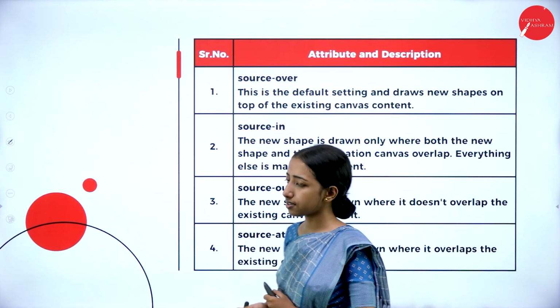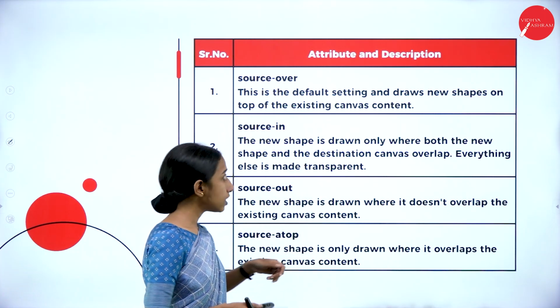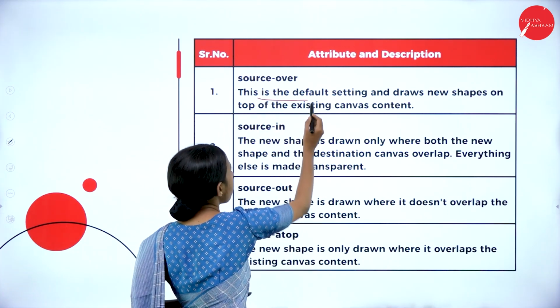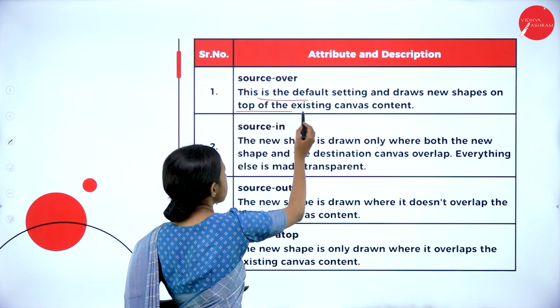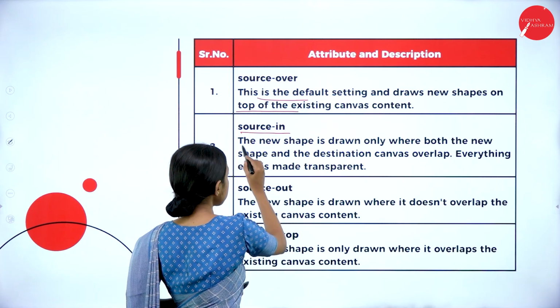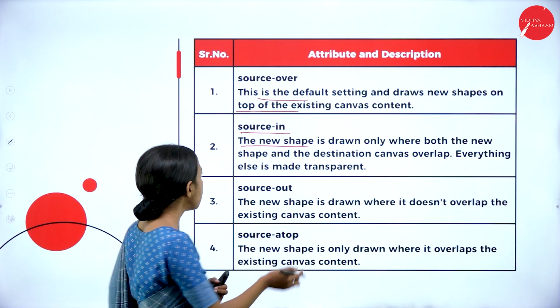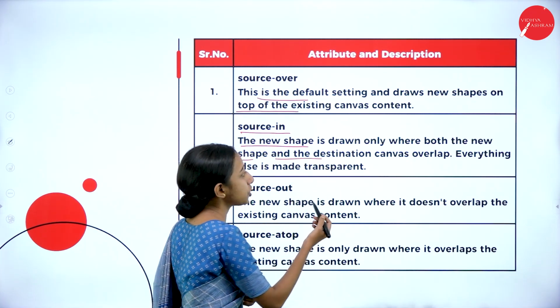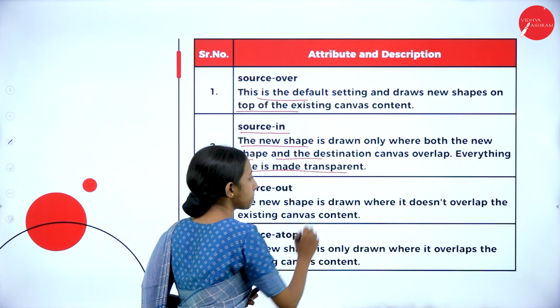So what are these things? Here you can see we have source-over. It is the default setting and draws new shapes on top of the existing canvas content. Next, source-in: the new shape is drawn only where both the new shape and the destination canvas overlap, everything else is made transparent.